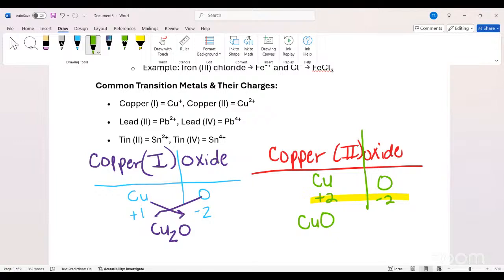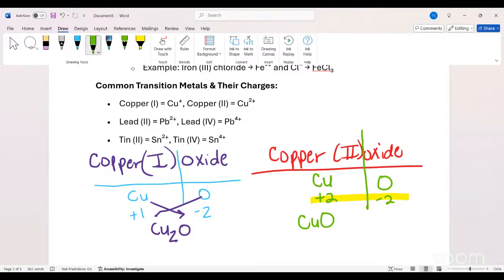Okay, so do we just change the charge? Yes, we just changed the charge in this example. The way that I wrote it in purple and blue is for copper 1 oxide. The way that I wrote it in red and green is for copper 2 oxide. Two totally different formulas. Just like we could have Jane Doe and Johnny Doe.